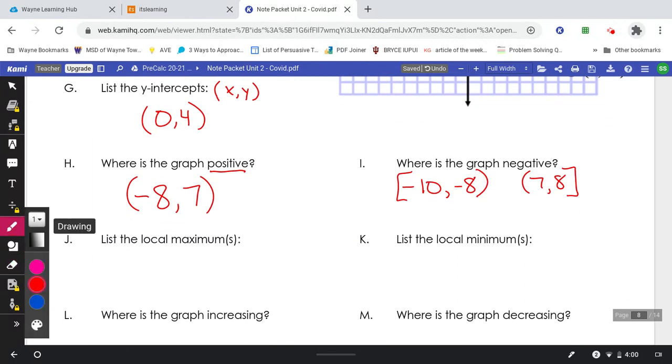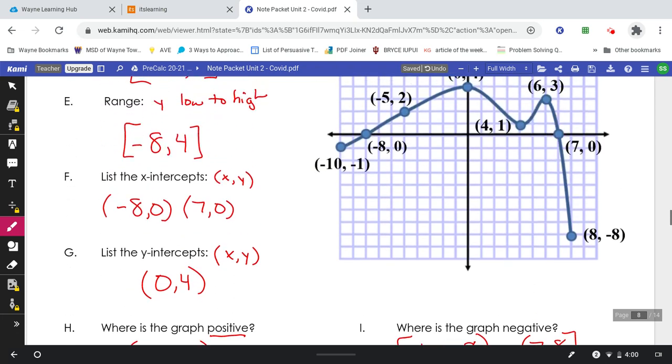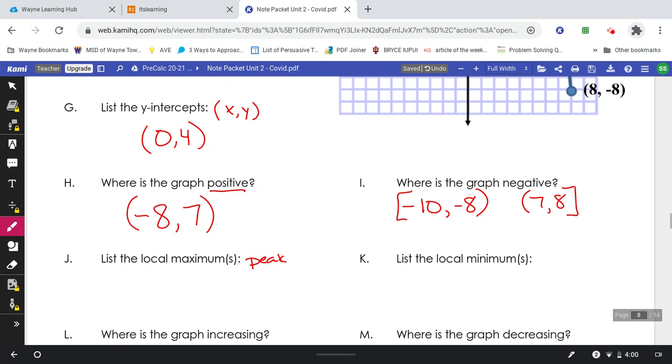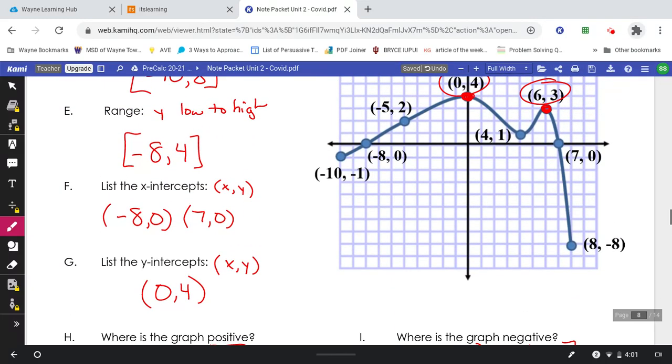The next one are your local maximums and minimums. Your local maximum is any peak. And I do believe I have 2 of them here. I have this point, 0, 4, as well as 6, 3 are my maximums. And you name the entire point, 0, 4, and 6, 3. For your local minimum, you're looking for any valley.